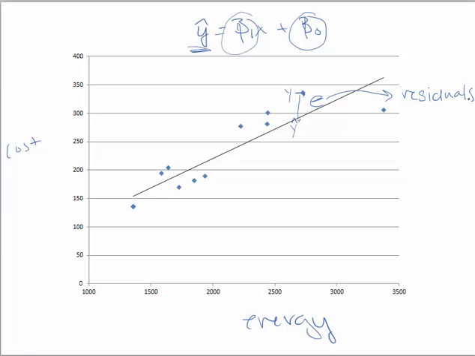I'm going to refer to them as residuals for the remainder of this presentation. So basically what we want is the sum of the squared residuals to be as small as possible, and that tells us what our beta 1 and our beta naught values are going to be. So what does that look like mathematically?